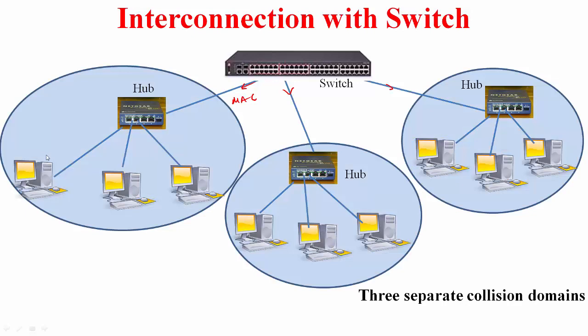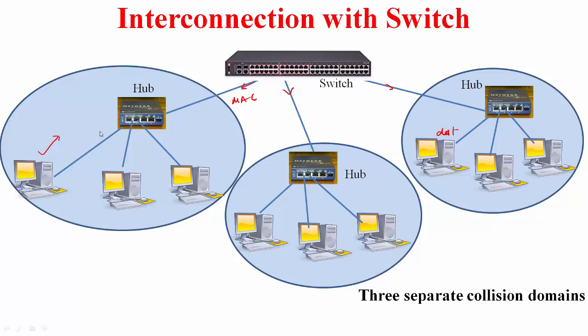For example, if this host has a packet to send to some other host here, all it has to worry about is to send the packet to that particular switch. So it is going to compete with the switch and as well as this other host to transmit the packet. Once this packet reaches the switch, it is going to buffer the packet and then again contend with all these other hosts as part of this collision domain and send the packet to the designated destination.